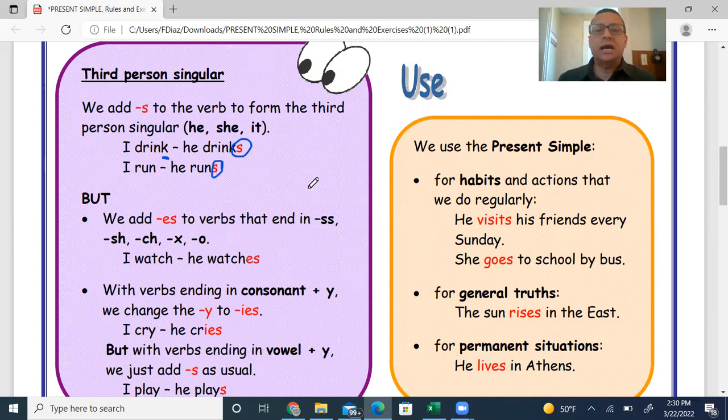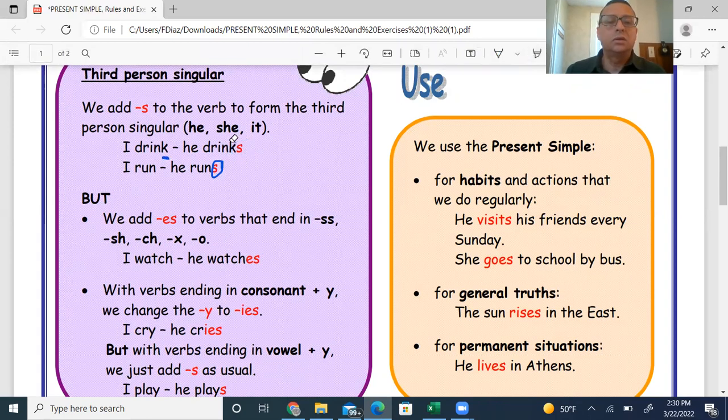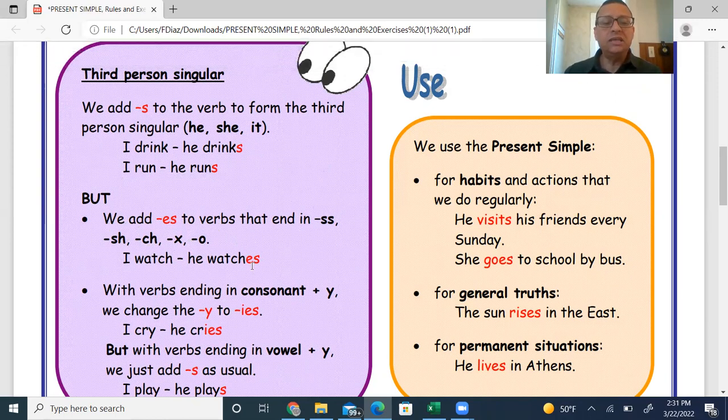I run, I drink, he drinks. I run, he runs. Simple. Okay?